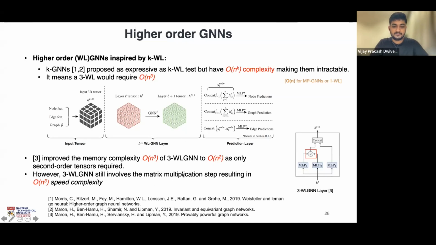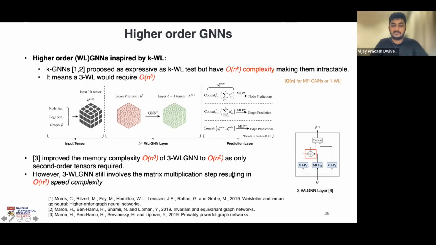However, this 3WL GNN, the architecture shown here, still has cubic speed complexity, because the way it achieves this 3WL equivalence is the multiplication of two dense matrices, which are MLP outputs at this step.